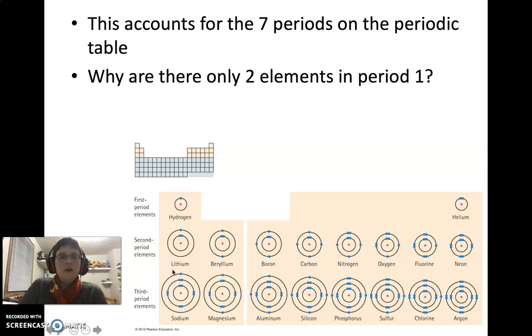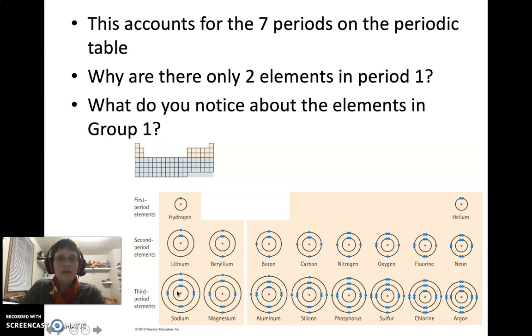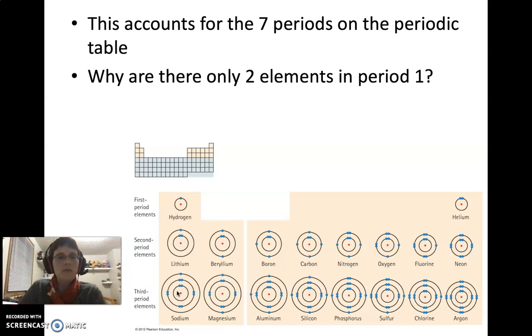And then if you go to the third shell and the third period, the third shell has 8 available electrons, and there are 8 elements in the third period.